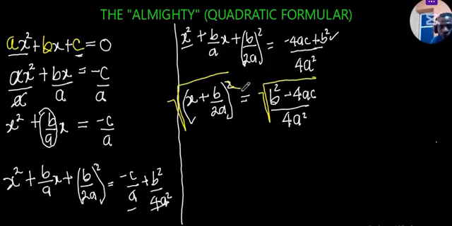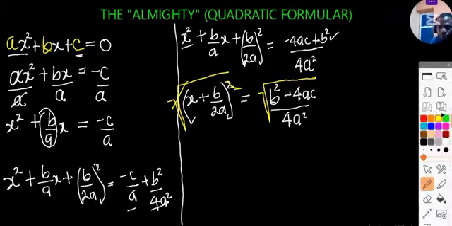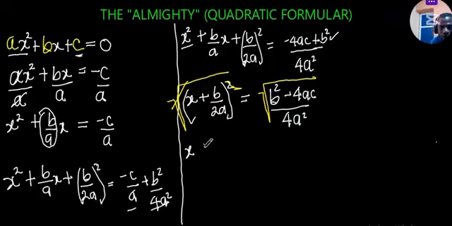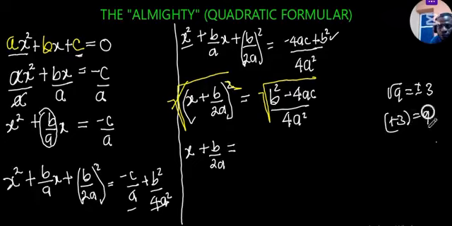In doing that, this cancels the square. So we are left with x plus b over 2a equals, now the square root of any number is usually plus or minus. For example, the square root of 9 is plus or minus 3, because plus 3 all squared is equal to 9, and minus 3 all squared also gives us 9.